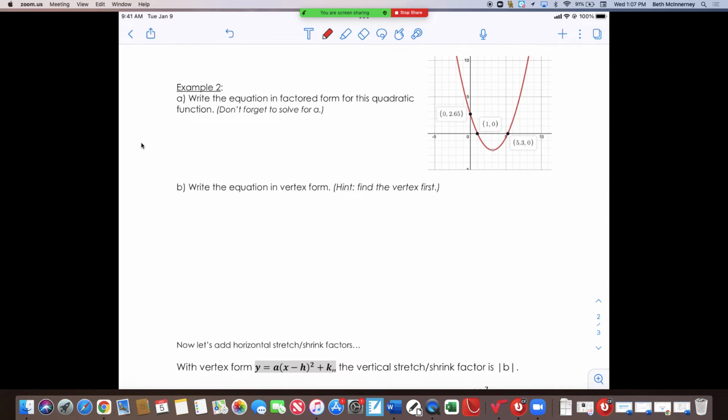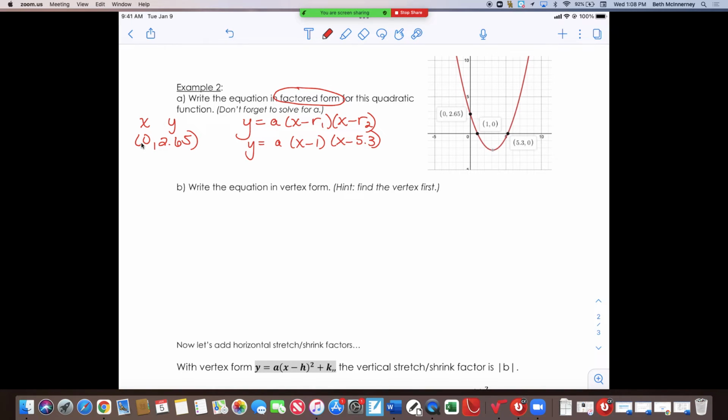So the first thing I would do, okay, it says you want it in factored form. So the very first thing you should write down is what's factored form. The next thing I do is I plug in my x-intercepts. So that's an x minus 1 and an x minus 5.3. Then my extra point is (0, 2.65).